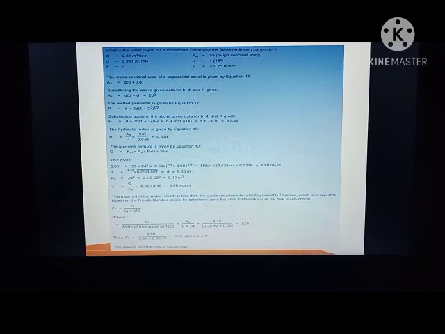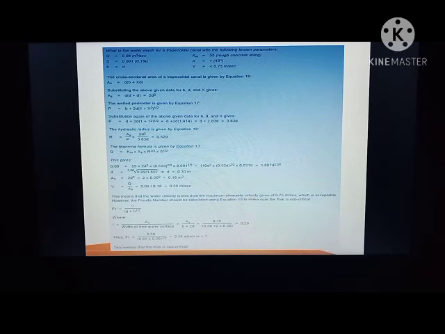However, the Froude number should be calculated using equation 19 to make sure the flow is subcritical. Fr is equal to the velocity over the square root of G multiplied by L, where L is equal to area over width of the free water surface, equal to A over B plus 2D, which is equal to 0.18 over 0.30 plus 3 multiplied by 0.30, which is equal to 0.20.